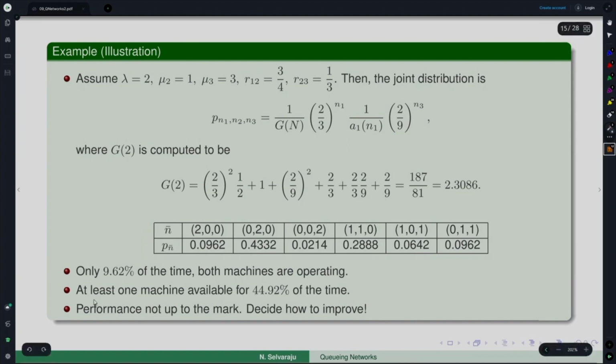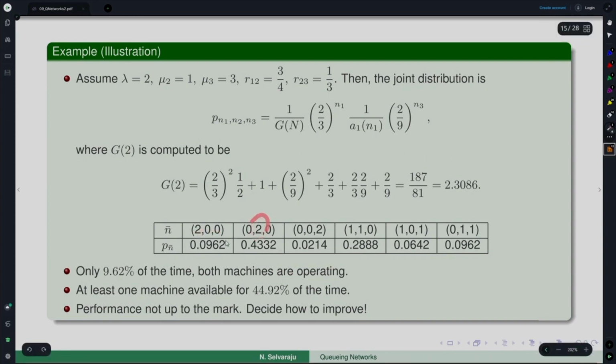But if these were the parameter values, then there are certain facts that you need to look at with respect to the values, as you always look at, right. You see here this probability is very low, which means that less than 10% of the time both the machines are in working condition, right.